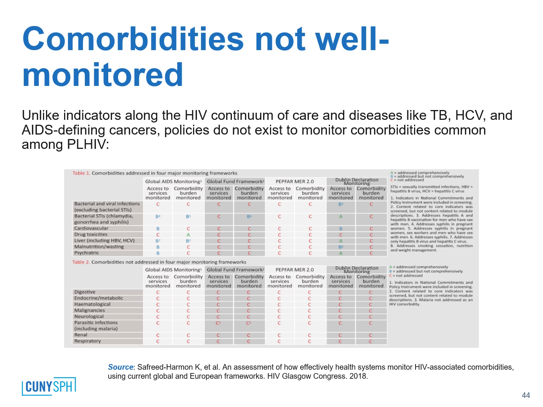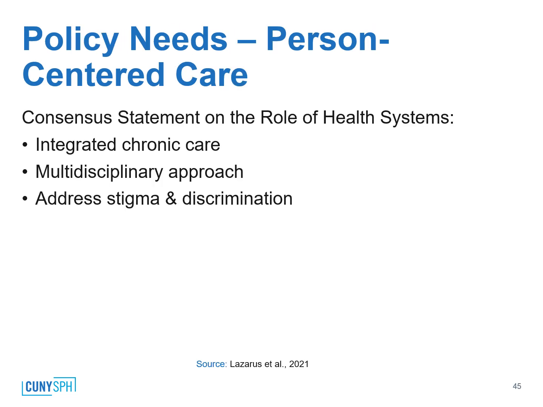Policies, however, have lagged in monitoring and addressing these needs, unlike the other indicators on the HIV continuum, and certain diseases like tuberculosis, HCV, and AIDS-defining cancers. Beyond viral suppression requires integrated, multidisciplinary, person-centered care, and also includes addressing the effects of stigma and causes of health center-based discrimination.